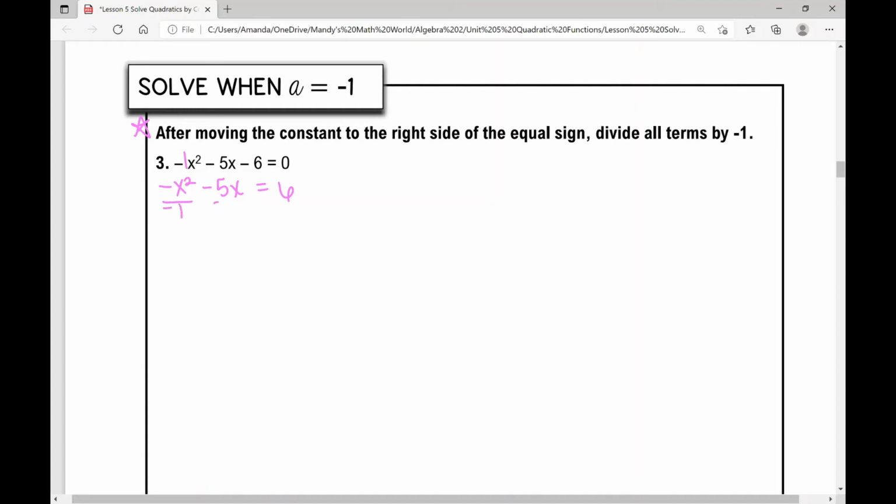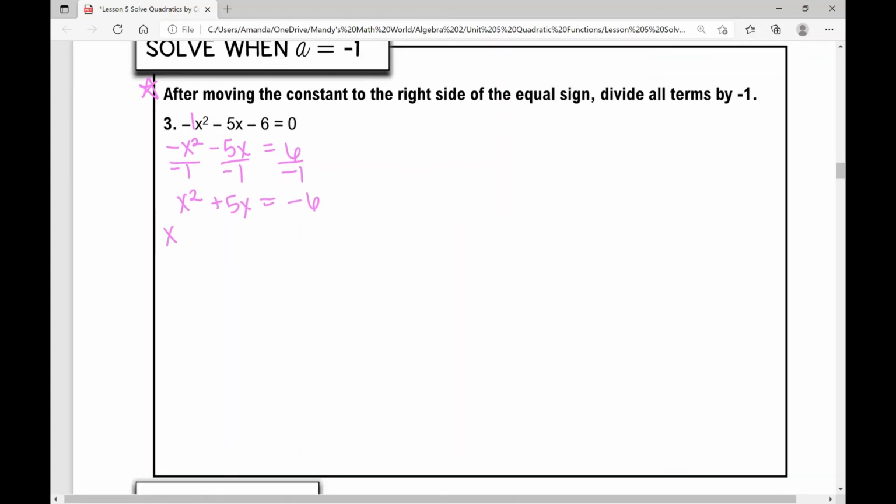When I do that, and I'm going to write it out so you can see every term is divided by negative 1, I'm left with x squared plus 5x equals negative 6. And now we're going to add b over 2 squared to both sides. So x squared plus 5x plus whatever b over 2 squared is equals negative 6 plus whatever b over 2 squared is.